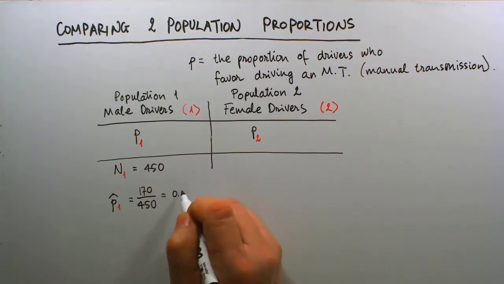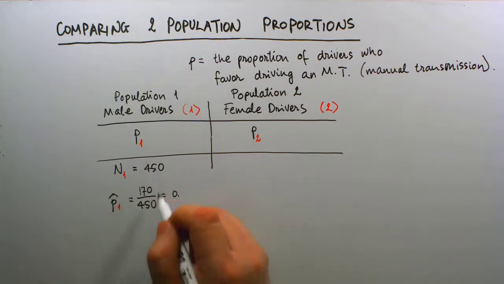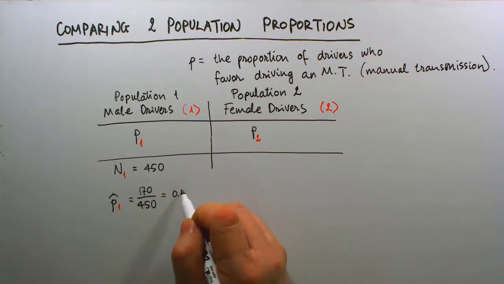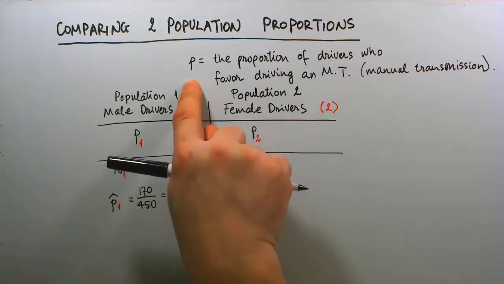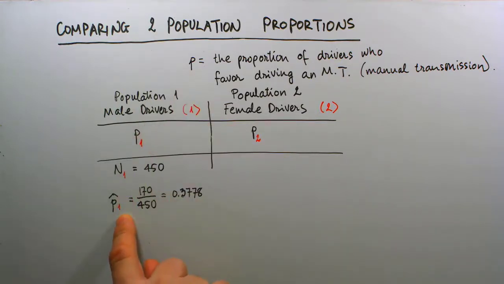But I leave that for viewers and my students to watch for any rounding requirements for proportions and sample proportions in various problems. So here 170 out of 450 is 0.3778. So this is our sample proportion, and since it came out of the sample we selected from population 1, it gets that subscript 1. So p hat 1 is our current value right here.